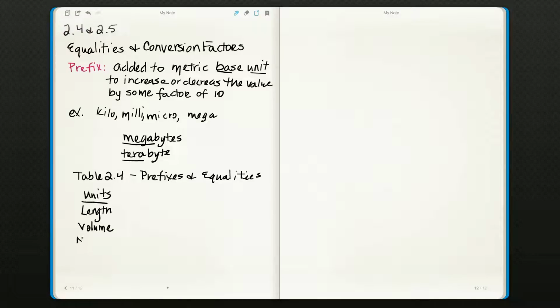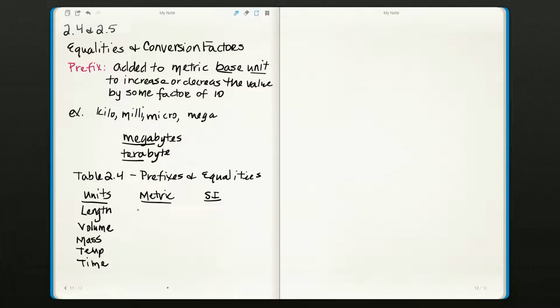These are the measurement types: length, volume, mass, temperature, and time. And then there are two systems of measurement that we use in chemistry, the metric system most often, and the SI system, or the international standards, which are the standard units that we use in chemistry.